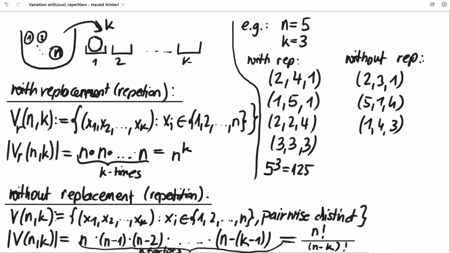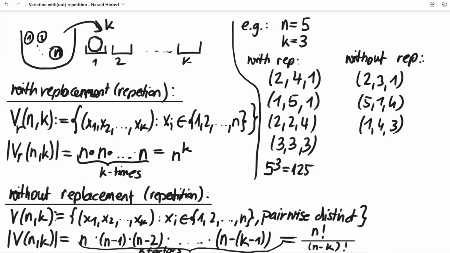If you do not believe this formula, just write out what n factorial means, and then you will see that this is the same. So instead of n factorial, you can write n times n minus 1, and so on, until here, and then times n minus k factorial, which cancels out.